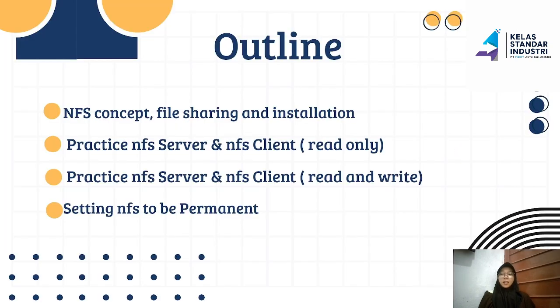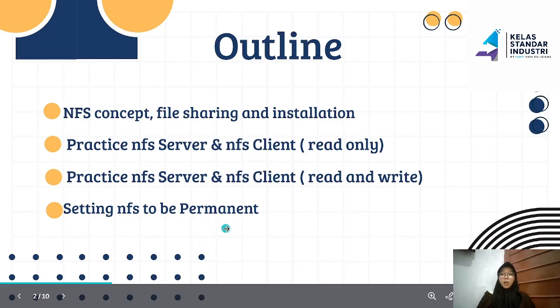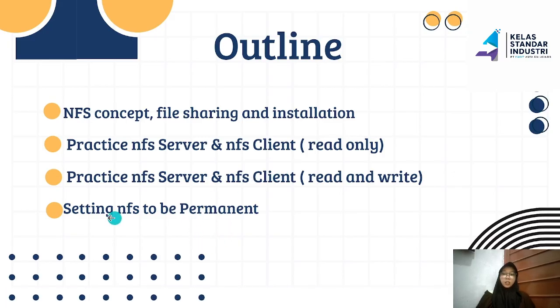After that, the NFS configurations performed previously are temporary, meaning if the Ubuntu client reboots, all mount configurations will be lost. To make them permanent, we will configure the system accordingly, setting NFS to be permanent.